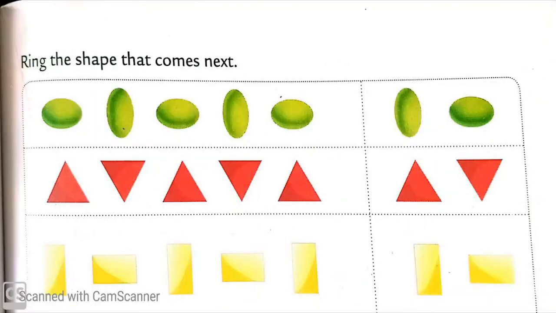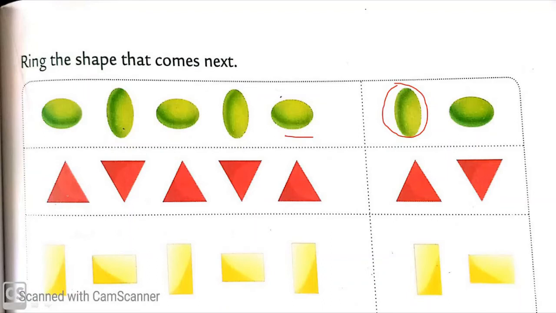Now ring the shape that comes next. If we want to complete the given pattern, what should we do? Observe the shapes given. Okay, after observing this pattern, we can say that after this shape, this will come. So we have to ring this.